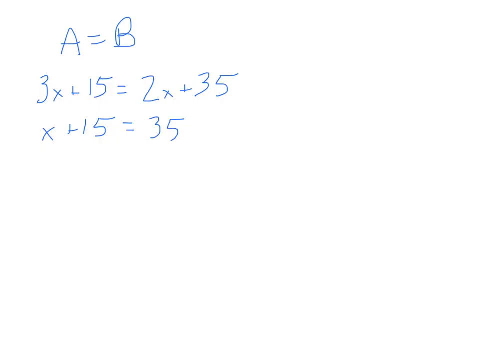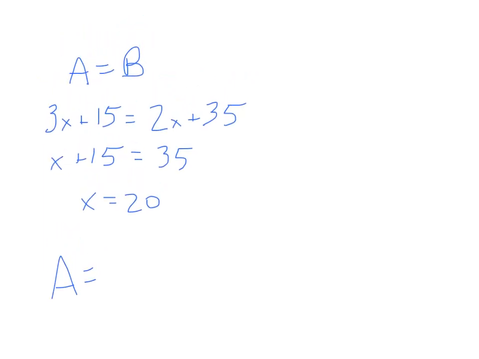And then subtract 15 from both sides, so x would equal 20. And so if we were to plug it back in, angle A would be 75, and angle B would also equal 75. There we go. So there's the section. We'll be spending some time on these because this is very important vocabulary for this section.